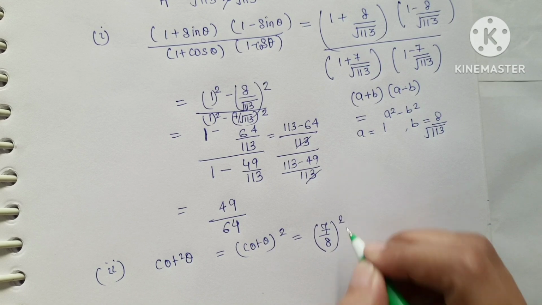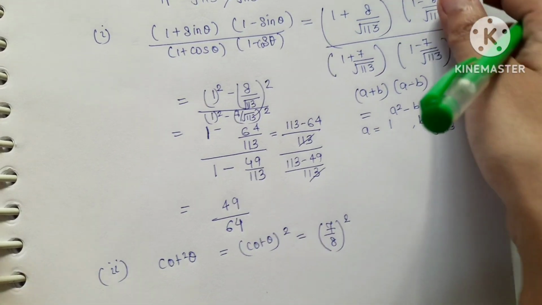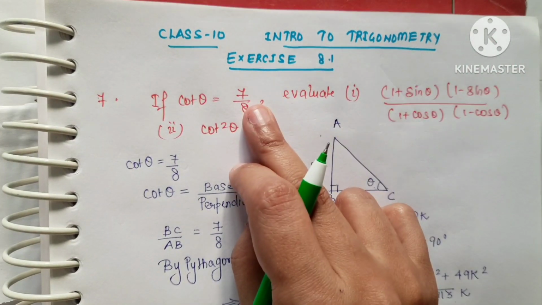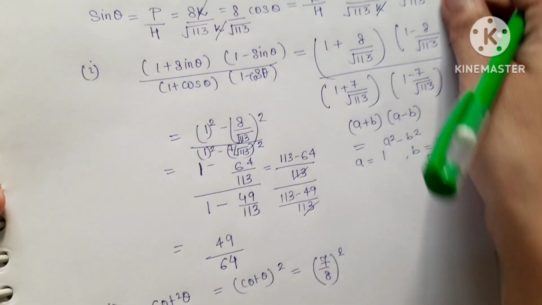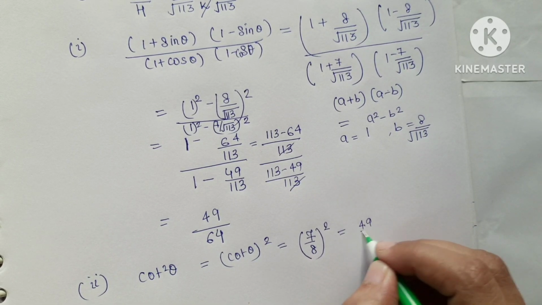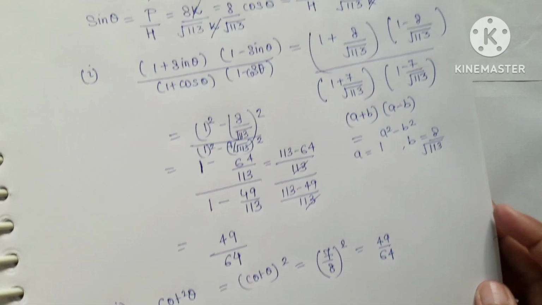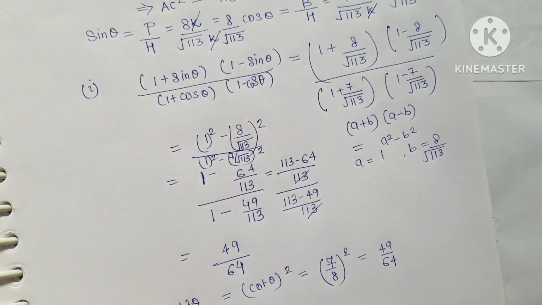Since cot theta is already given, how much is it? 7 by 8, right? It is already given in the question. So just take the square of 7 by 8, you will get 49 by 64, right? Is it clear?